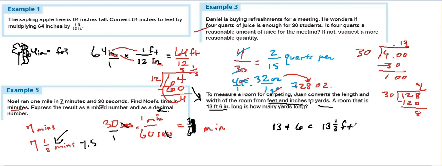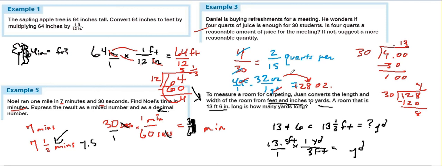Feet, or 13.5, is how many yards? So we're using a second unit multiplier now. 13.5 times, actually I think we want feet on the bottom, because we want yards to come out as our answer. 3 feet to a yard.